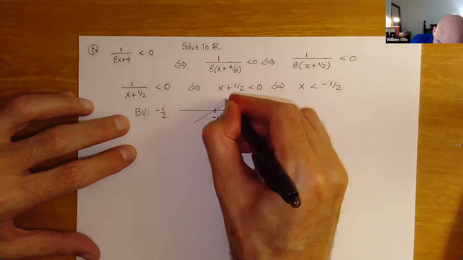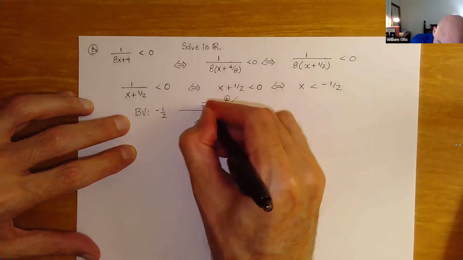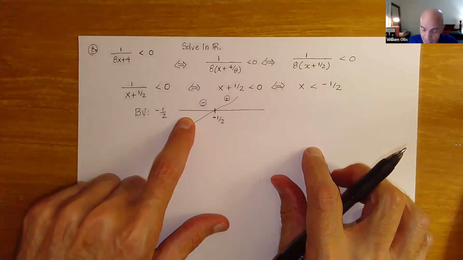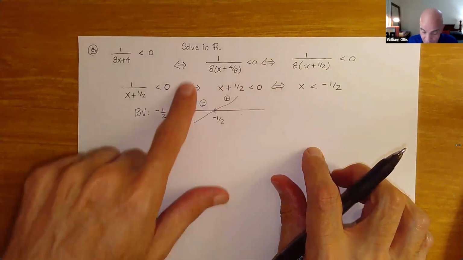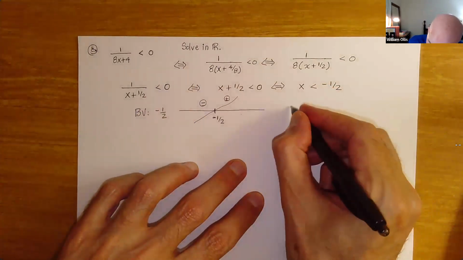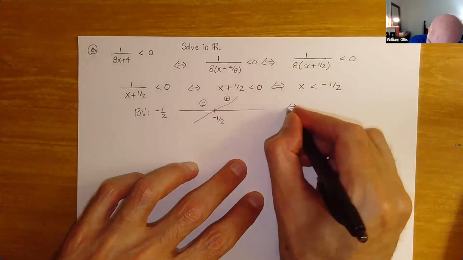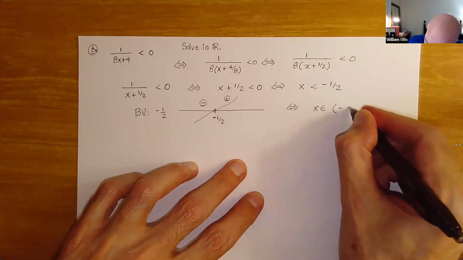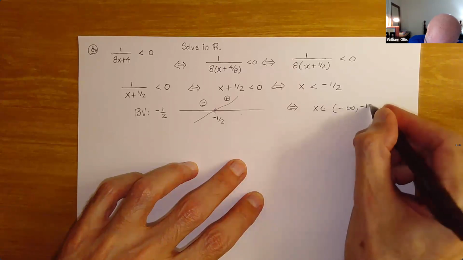So you've got plus here and minus here, and you get the same answer. Any x less than -1/2 is negative, and negative corresponds to less than 0. So either way you want to do it, you've got the answer. So now x is in the infinite interval, negative infinity to -1/2.